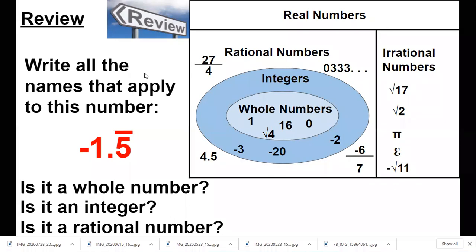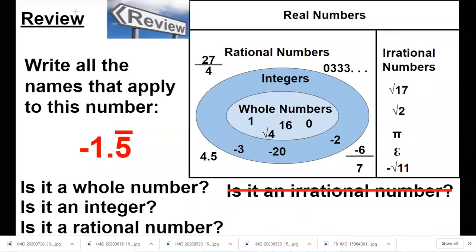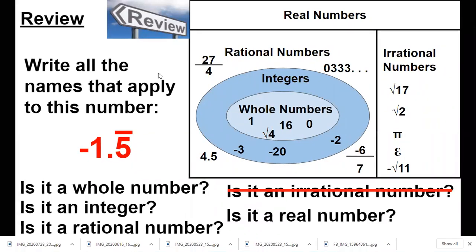Next question. Is it an irrational number? If it's rational, it cannot be irrational. So no, it is not an irrational number. And the last question, is it a real number? Well, all rational numbers are real numbers.